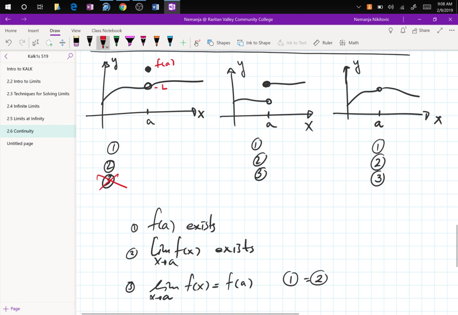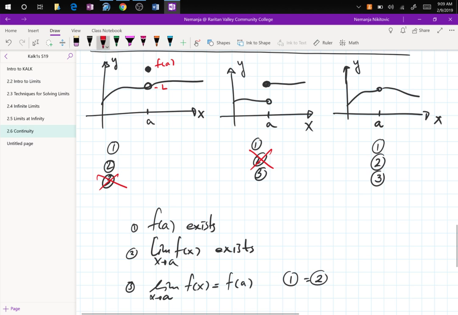What happens for the second one? What happened? Number 2, very good. There's no limit, because as you can see, from the left and from the right, it's a different number, so it fails here.